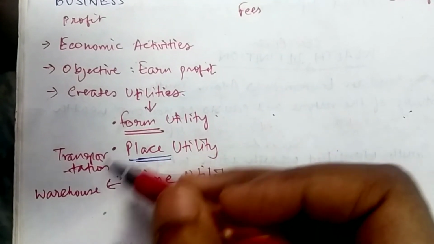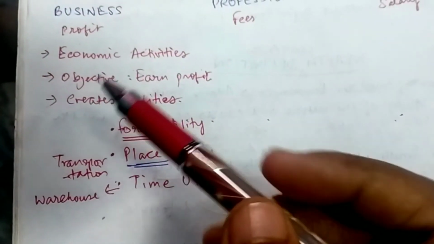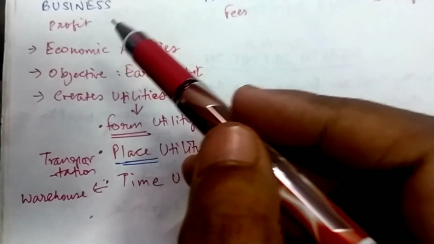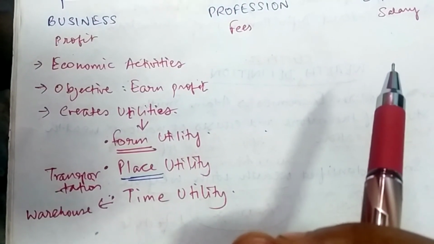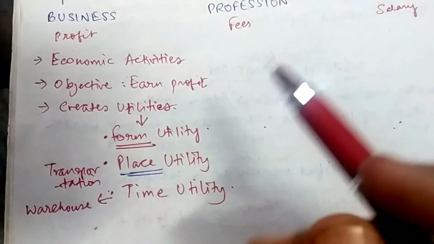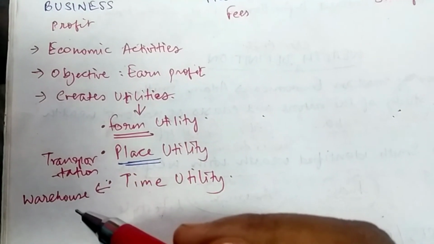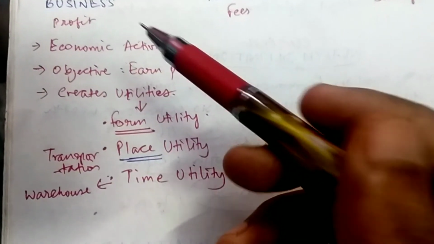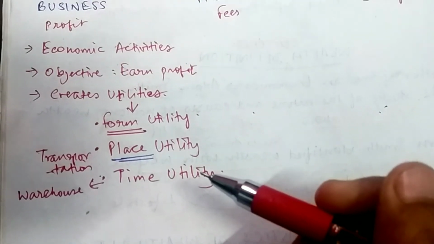So all these are services. Business does not only mean providing products, it also means providing service. Goods and service are being used together. So all these banking companies, insurance companies, warehousing companies, transport companies are providing service. Those are businessmen. They are creating utility in the product.